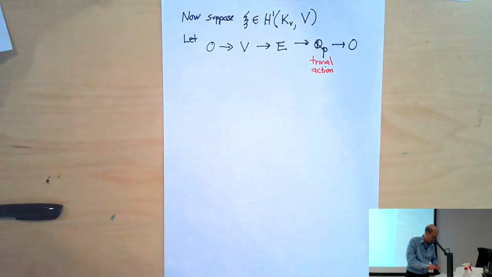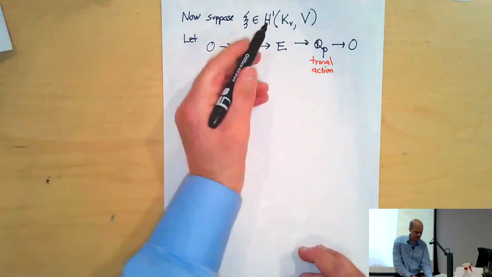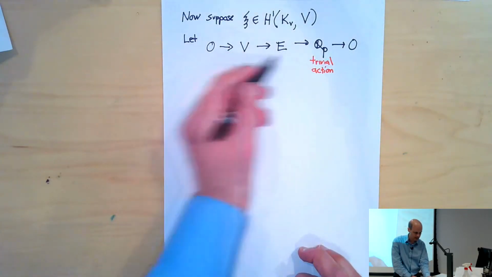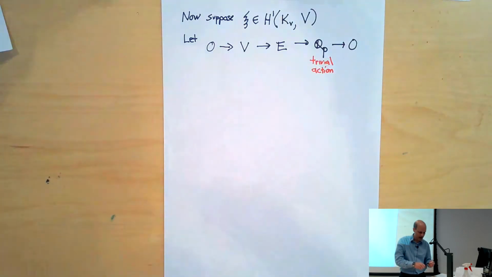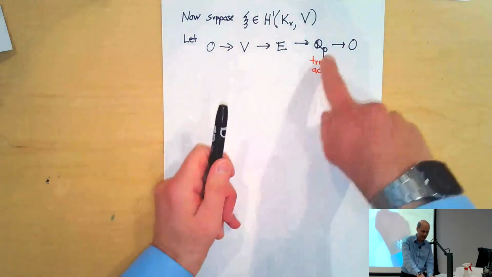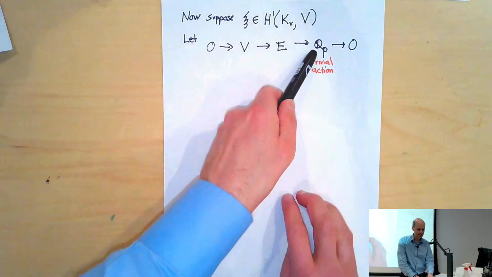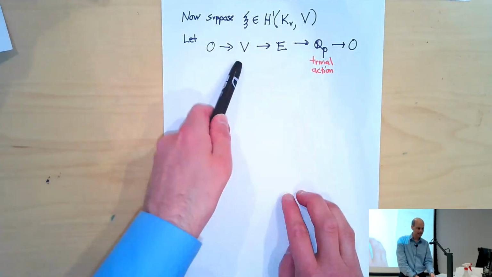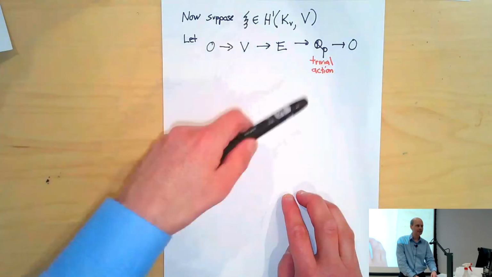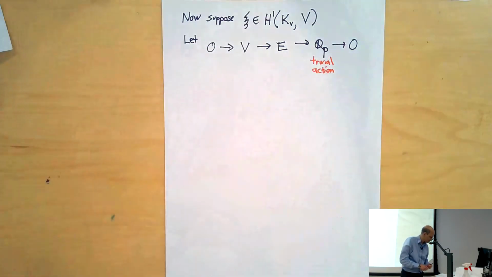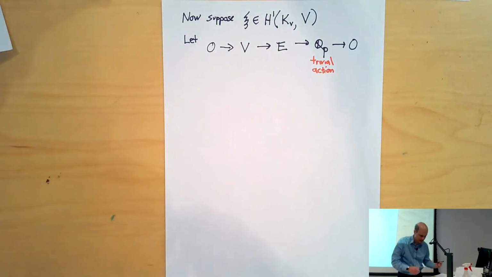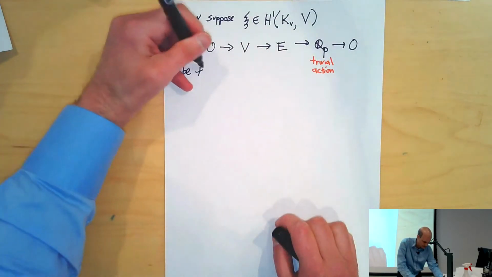From the cocycle representing this, you can write down another vector space that has this kind of extension. Or going the other way, if you have this kind of extension, you can take the element of H0, that's just the number 1, and that will map to an element of H1 of V, and that's what this c is. So there's a correspondence between these classes and these extensions. Let this be the corresponding extension.